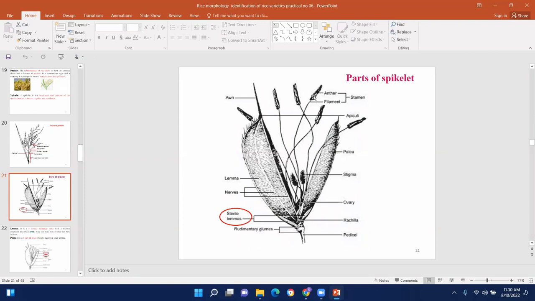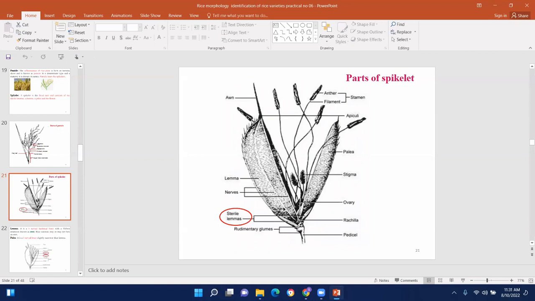Okay, this is the other part, the filament, which together is called the stamen. Okay, this is the ovary. These things you know, but now I mentioned the palea, lemma and rudimentary glumes. Okay, this is the pedicel. Ovary.